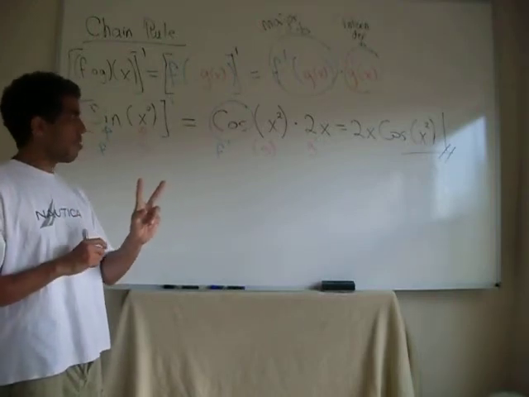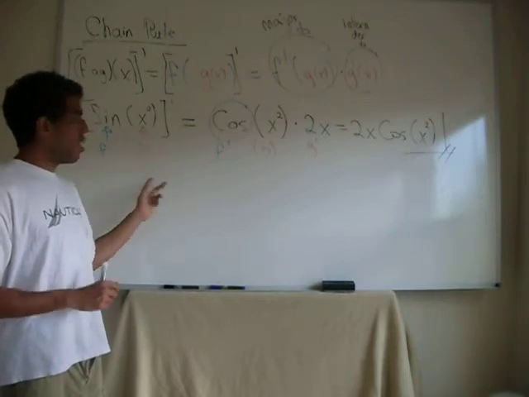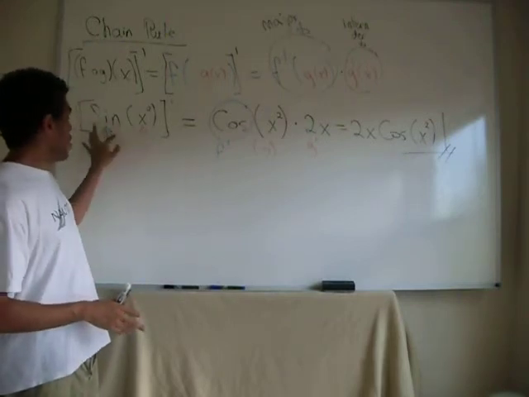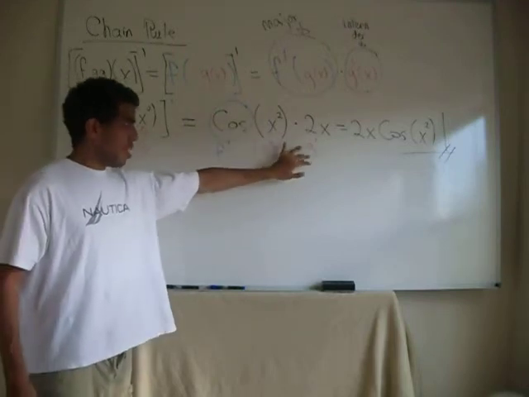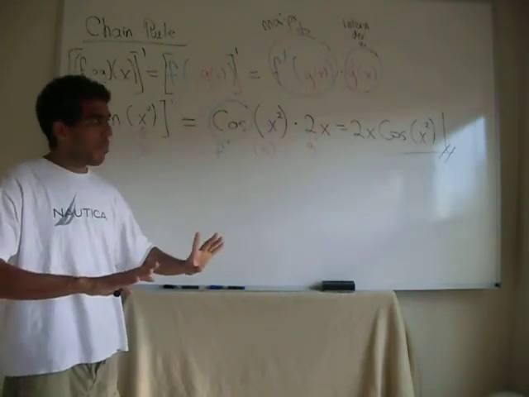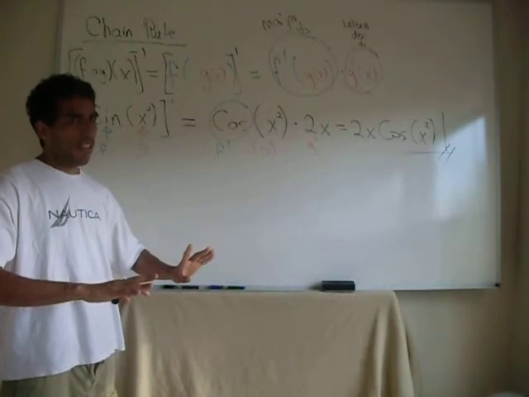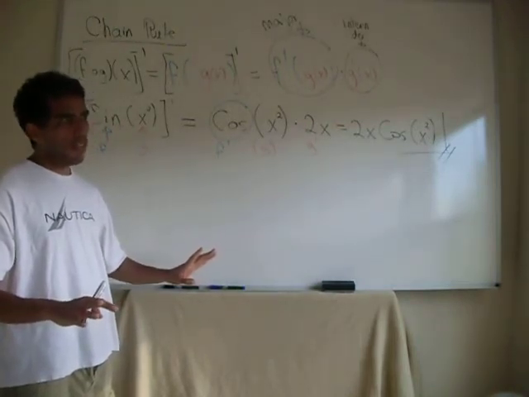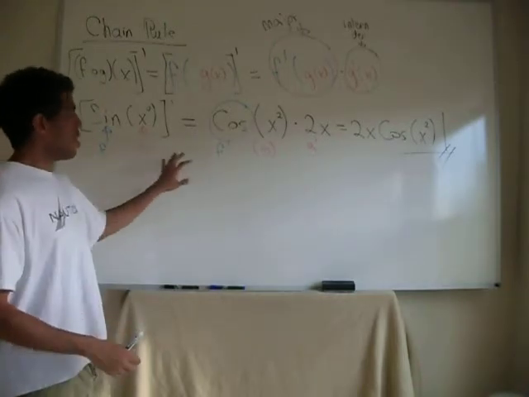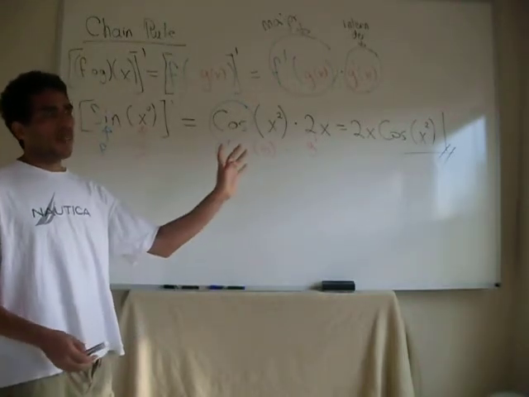So all you have to do is follow the rule: sine derivative, cosine, evaluated in g, times g prime. That's it. There's no more composition of functions. Just determine the two that are acting and follow the rule.